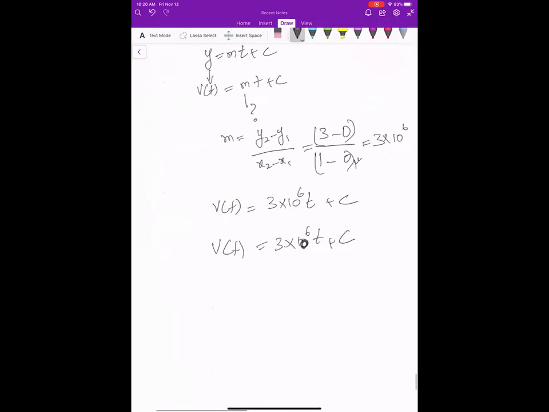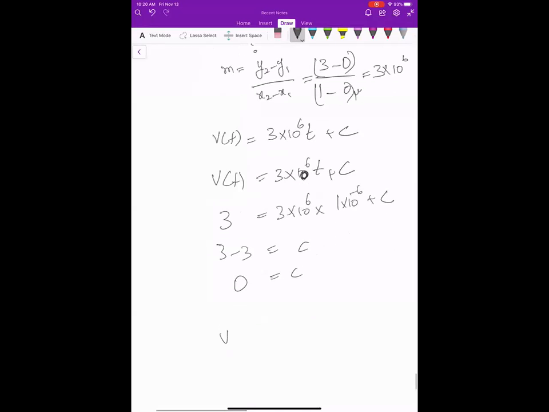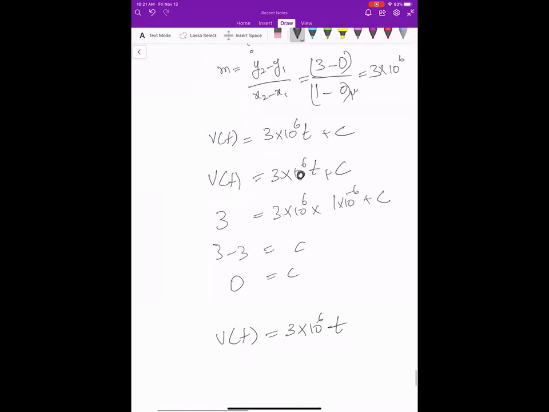So V of t is 3, 3 into 10 to the power 6 into t, where I took t as 1 microsecond, 10 to the power minus 6, plus c. So 3 minus 3, c will be 0. So my V of t is 3 into 10 to the power 6 t.